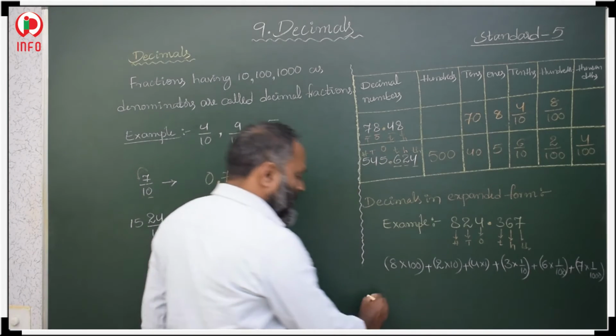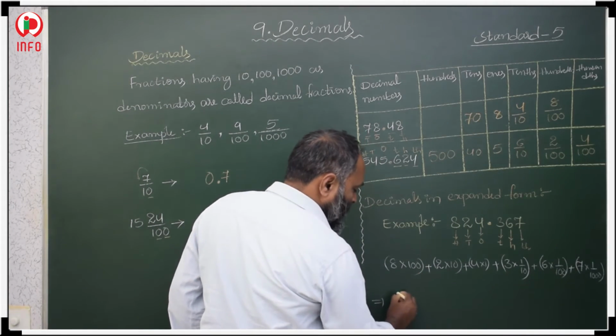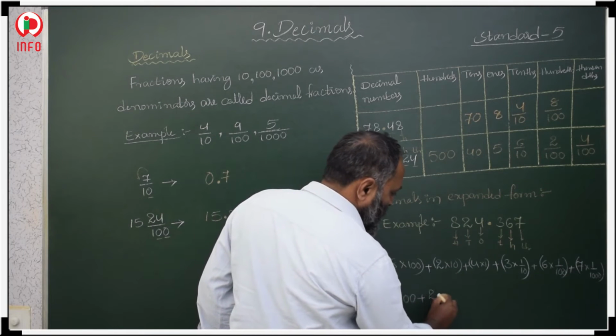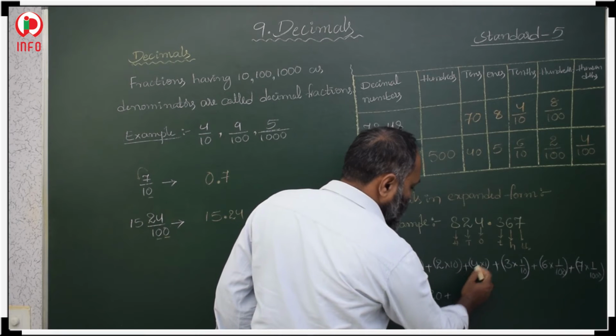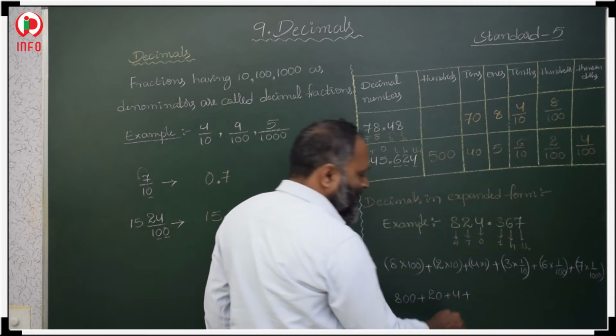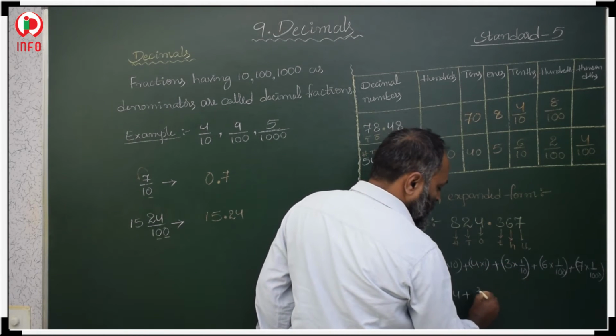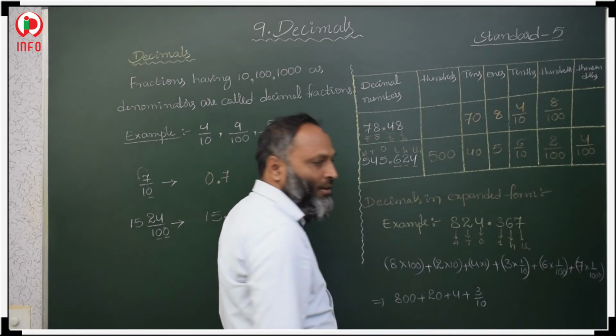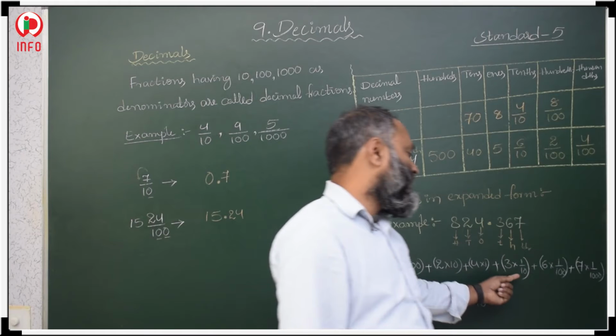See here. Now, 8 into 100, 800, plus 2 into 10, 20, plus 4 ones are 4, plus 3 ones are 3 by 10. These 3 multiplies only the numerator. Don't multiply the 3 with the denominator.